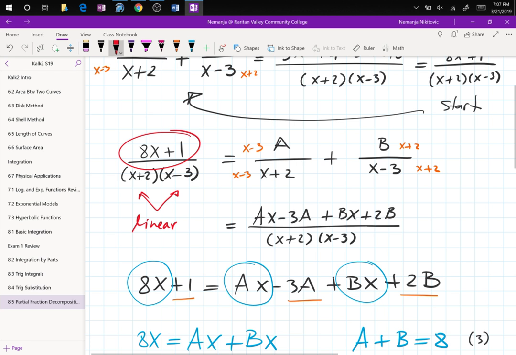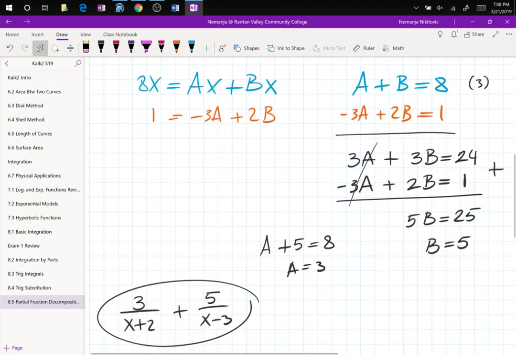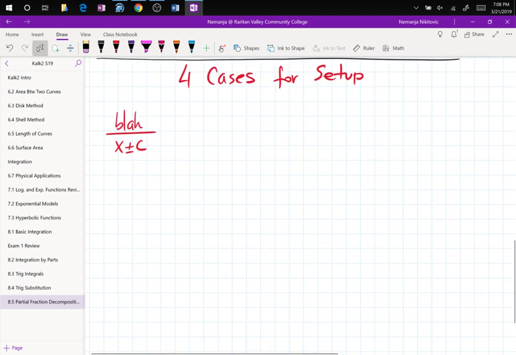We could have anything. It doesn't matter what's in the numerator. The 4 cases all depend on what's in the denominator, which factors you have in the denominator. So the blah over x plus or minus c is what this was the example of. That's why I write blah up there.